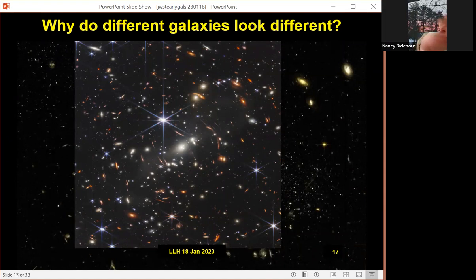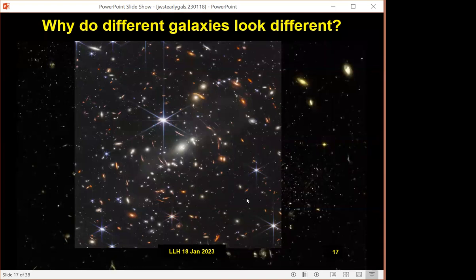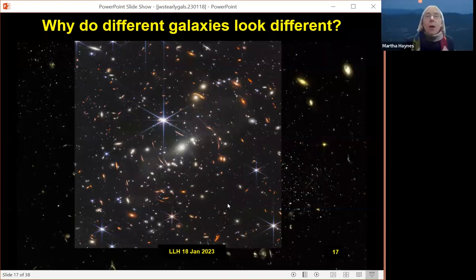So now let's ask the question, why do different galaxies look different? So here's the image of the Hubble Space Telescope, of the JWST. And almost all of the objects in this image that you see are galaxies. Galaxies contain, as my late colleague would say, billions and billions of stars, and they're very far away.